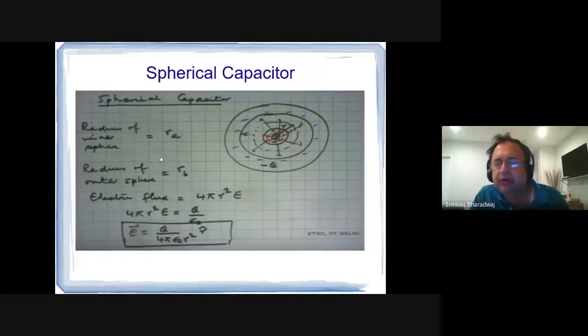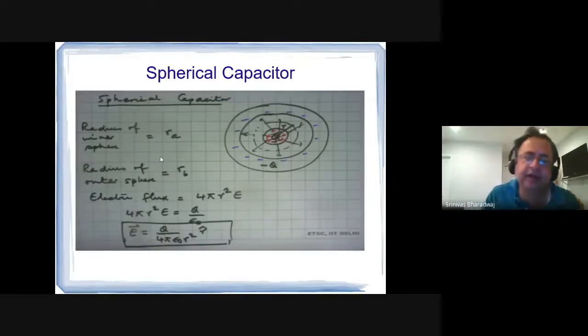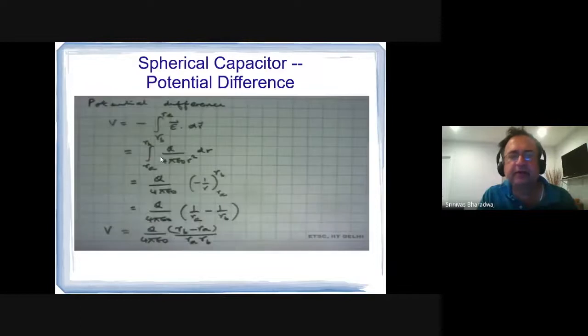Now the area of a spherical surface is 4 pi r squared. So 4 pi r squared times E, E dot dA, will give you Q by epsilon naught, right? And therefore you have the effective E is equal to Q by 4 pi epsilon naught r squared times r hat.